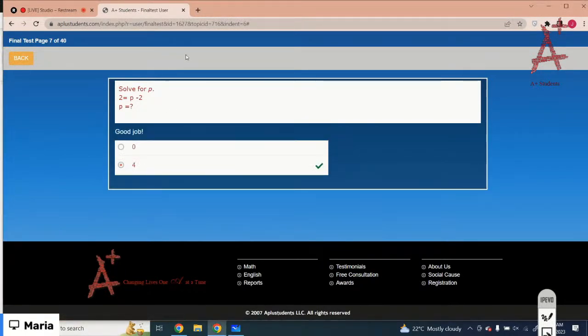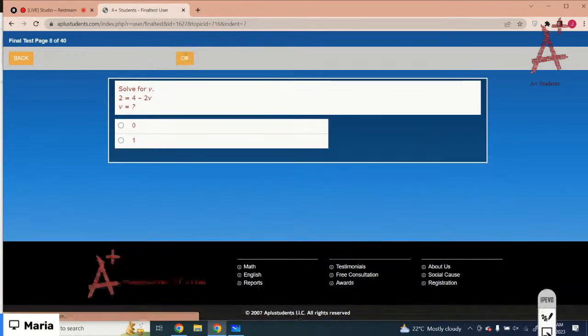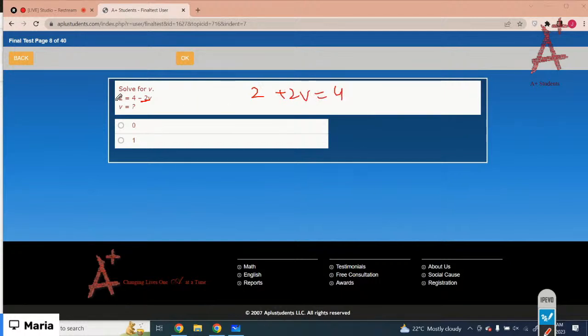Okay, the next one is 2 equals 4 minus 2v. So you have to move that negative 2v to the other side. It would be then 2 plus 2v equals 4, because opposite to subtraction is addition. Got it? Now move that 2 to the other side, so you have to subtract 2 from both sides. Got it? 2 minus 2 is 0.